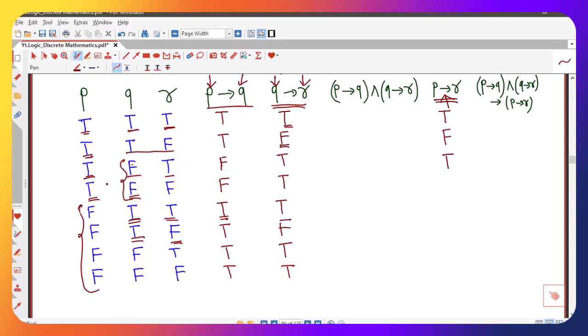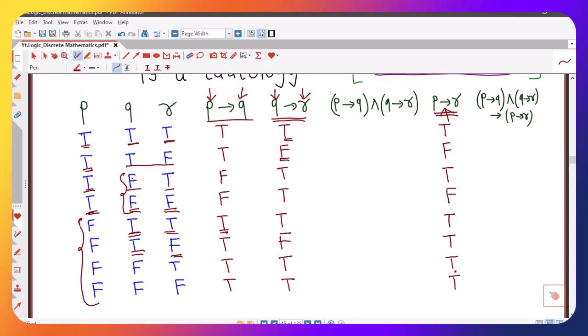Here p is true and r is false, therefore we have false here. And in the remaining cases p is false, so we can directly write truth value T here. So that is for p to r.